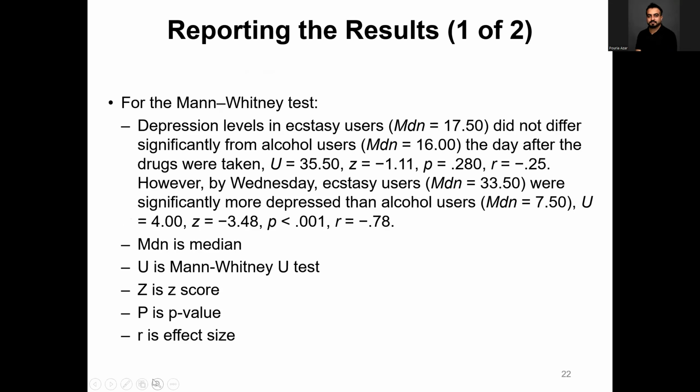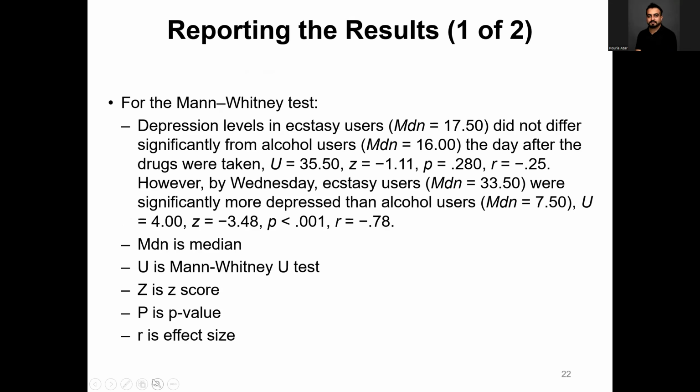Then I provide the test results. U stands for Mann-Whitney U test, which is in the table. Then I provide the z-score, which is the standardized test statistic in the table.